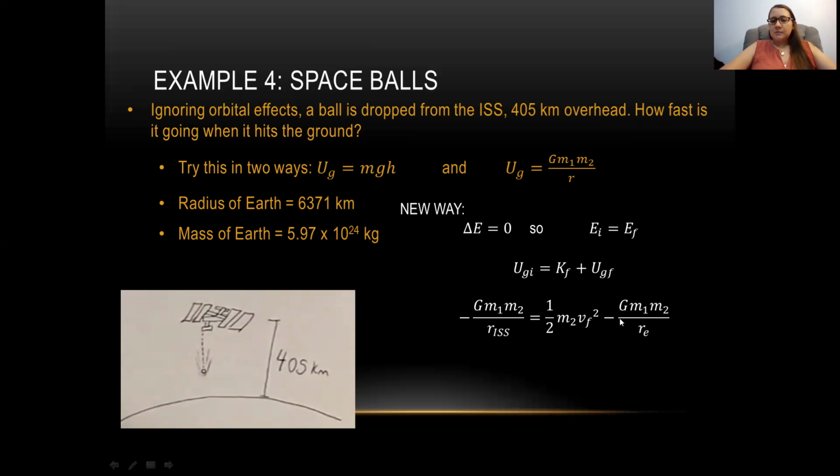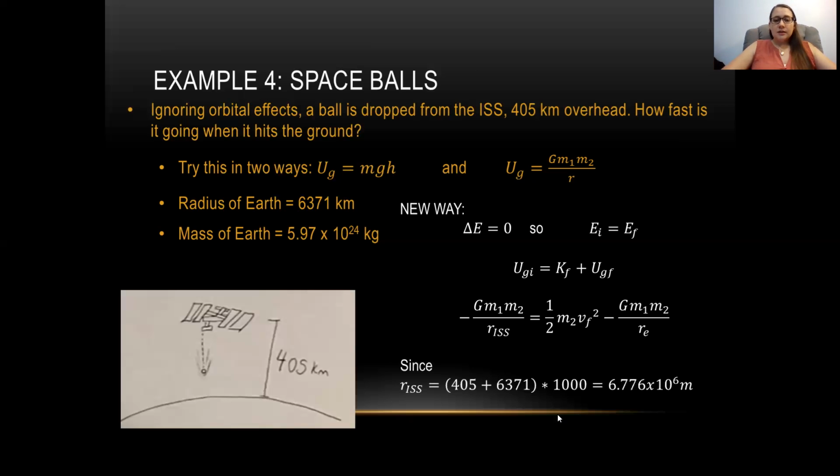And then again, we have this minus sign from our potential energy, G, mass of Earth, mass of the ball, divided by the radius of the Earth squared. Because even though it lands on the surface, remember the surface is no longer our 0 point. The center of the Earth is our 0 point.